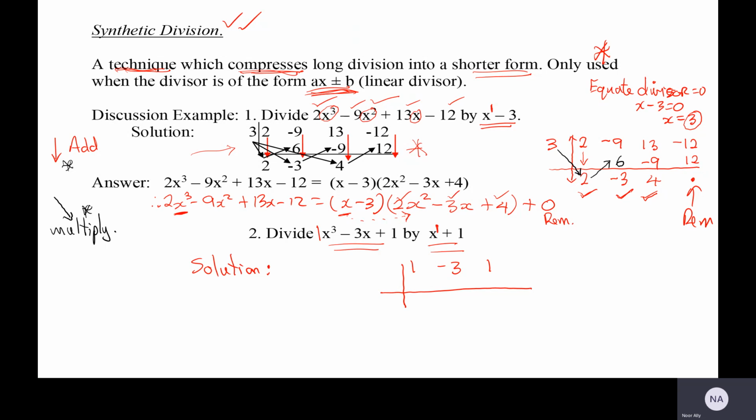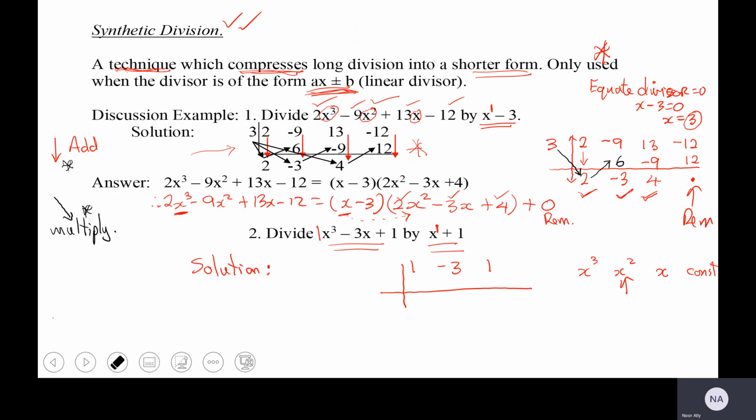And then you realize, hang on, something's wrong, eh? Because I should have an x cubed, then an x squared, then an x, and then the constant term. But there's no x squared, so what should I do? That's right. In other words, I've done this incorrectly.